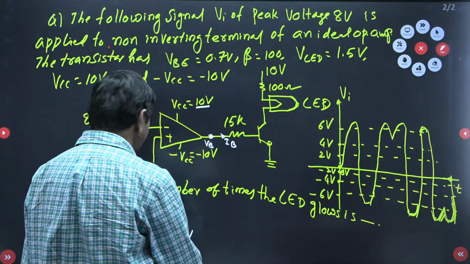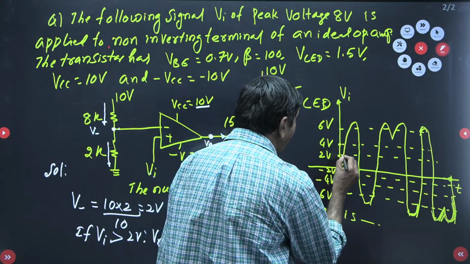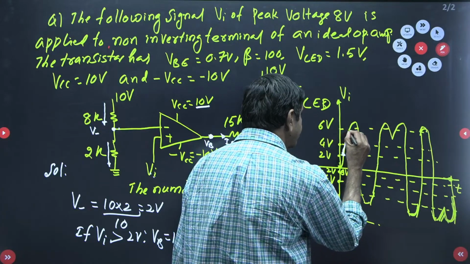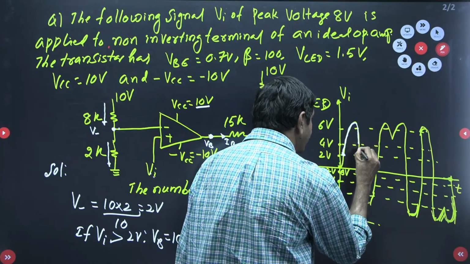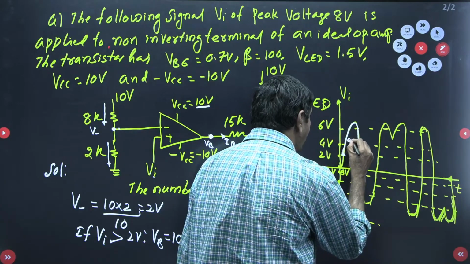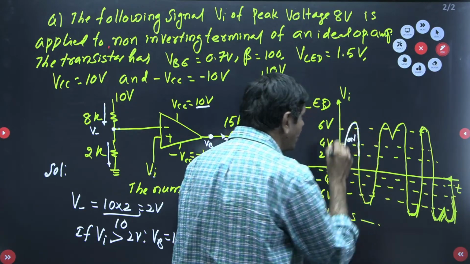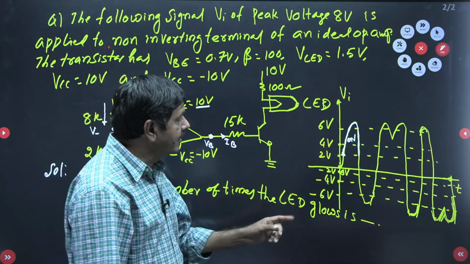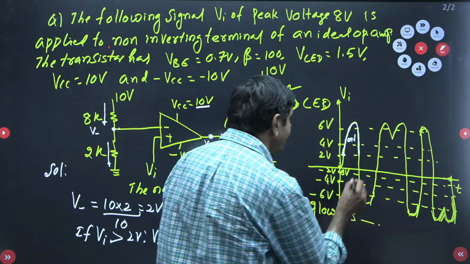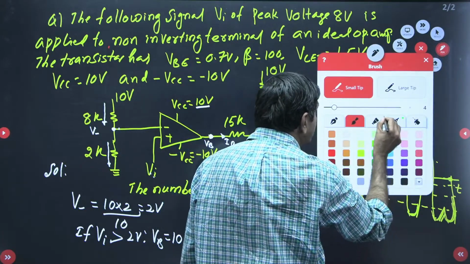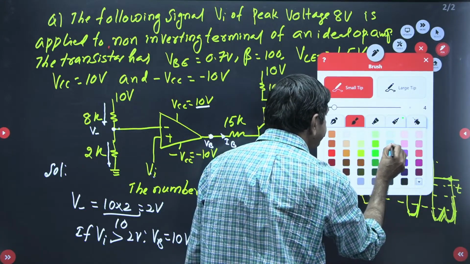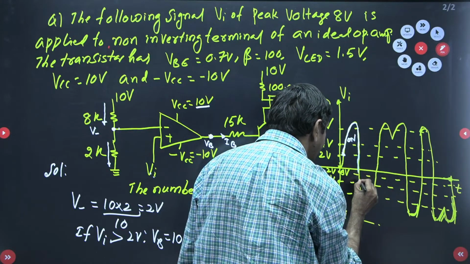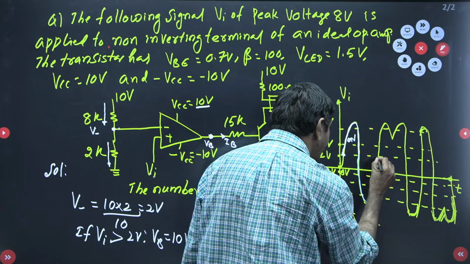With 10 volts, the transistor is on. That means if Vi is greater than 2 volts, then on. Yes, the input I am getting is this waveform. Greater than 2 volts, on. If it is less than 2 volts, what is going to happen? From here to here, the transistor is off.